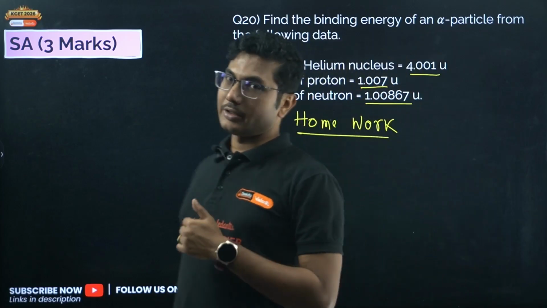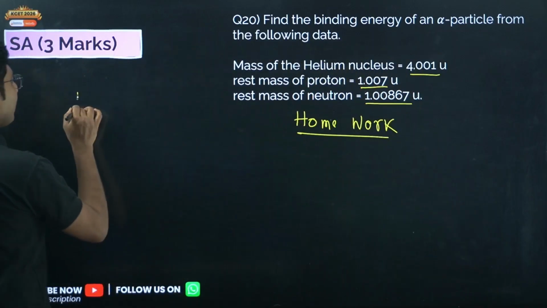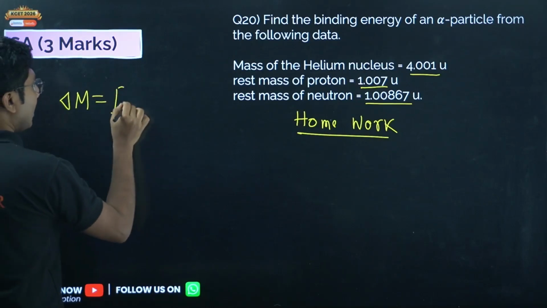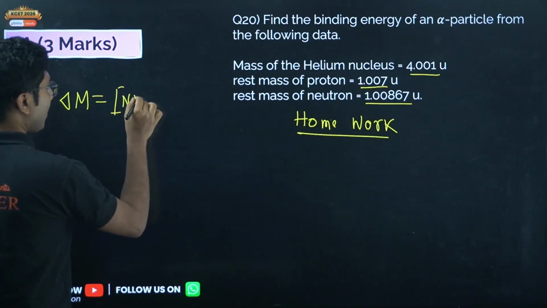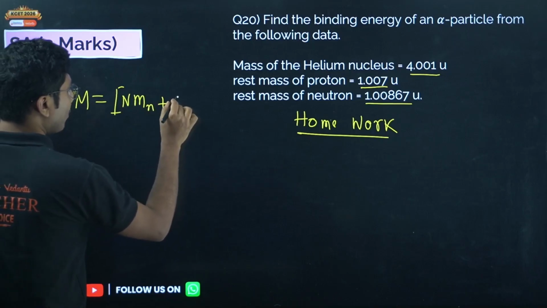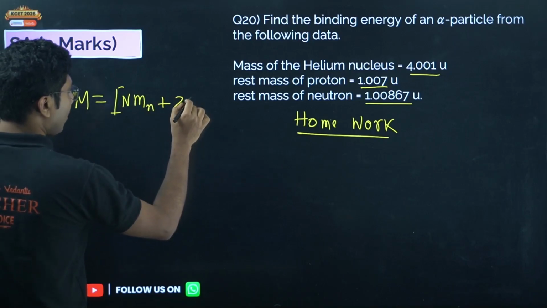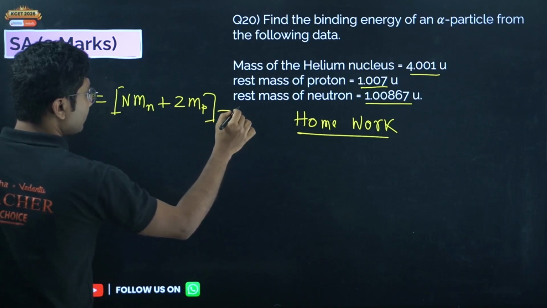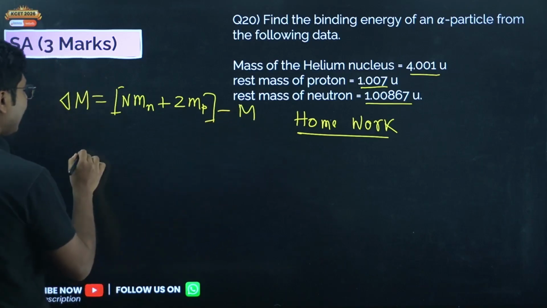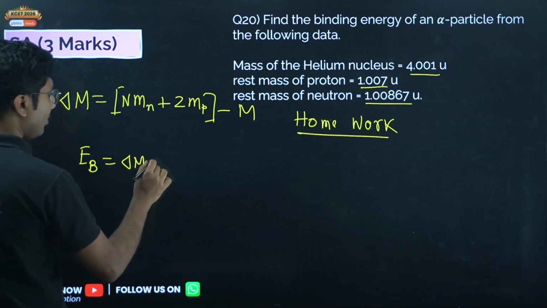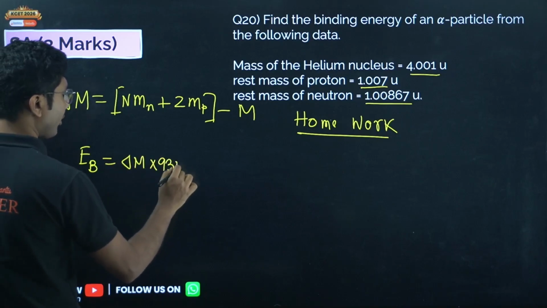The only formula you need to remember is: mass defect is number of neutrons into mass of neutron plus number of protons into mass of proton minus the total mass, and at the end the binding energy is given by delta m into 931.5.